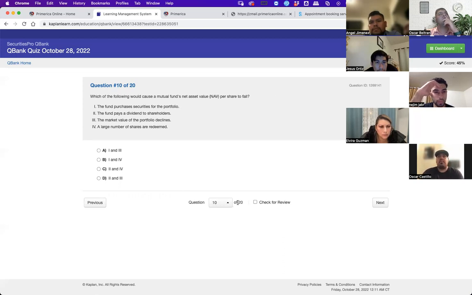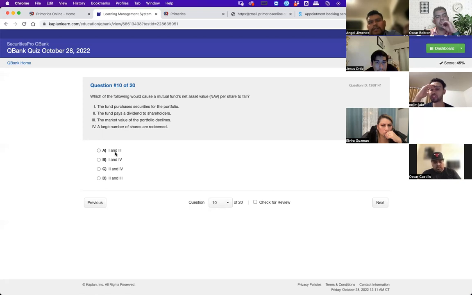Market value of the portfolio declines, so the third one is true. So now you think it's 3, so we're going to look for 3s. So between D and A. If they pay a dividend, they're not losing money, are they? No, because paying a dividend is extra profit they made.